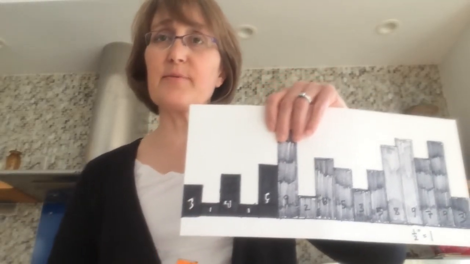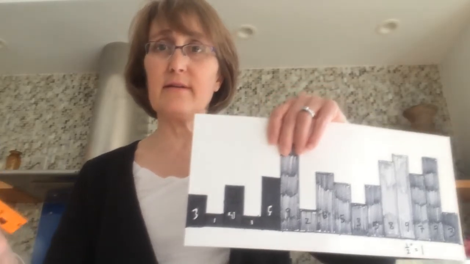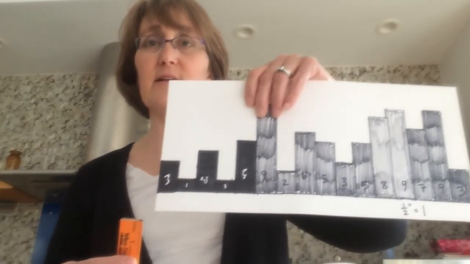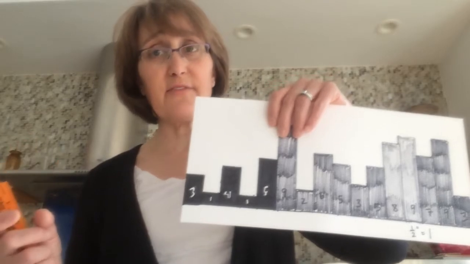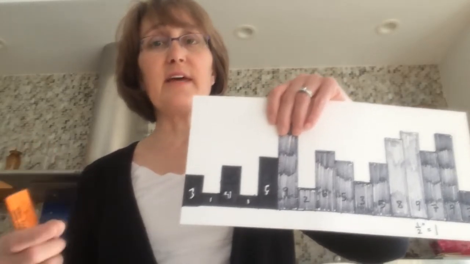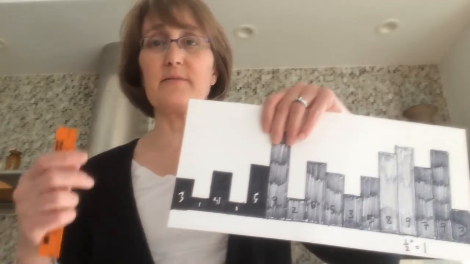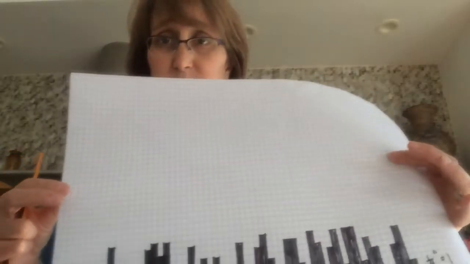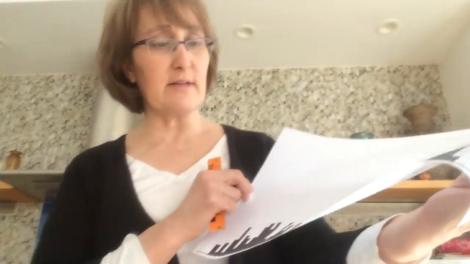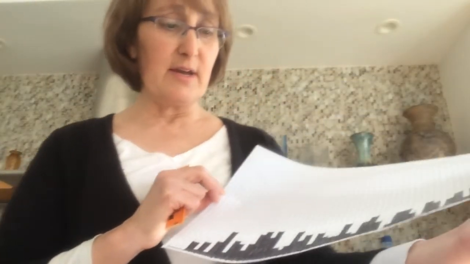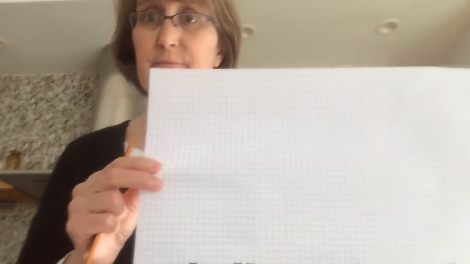1 is the next number in pi, and if a 1/2 inch is what you're using, then you would put a 1/2 inch for the next building. If you're using the graph paper, this is a smaller square where it's a 1/4 inch.